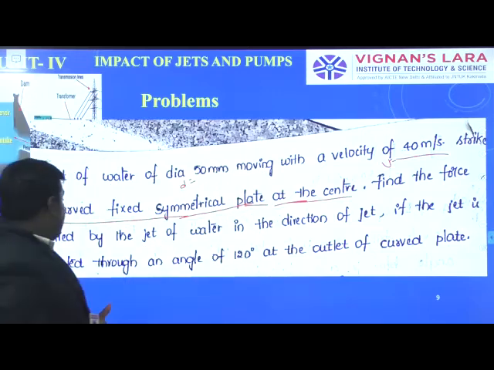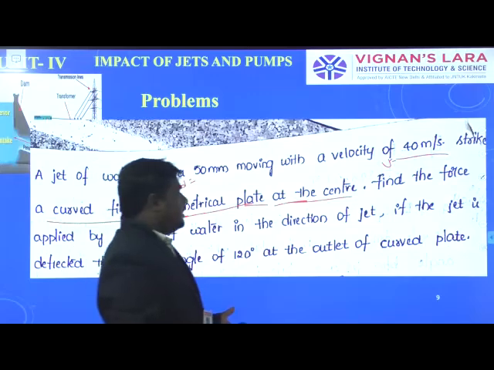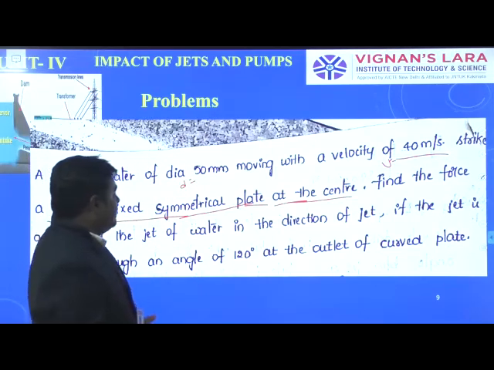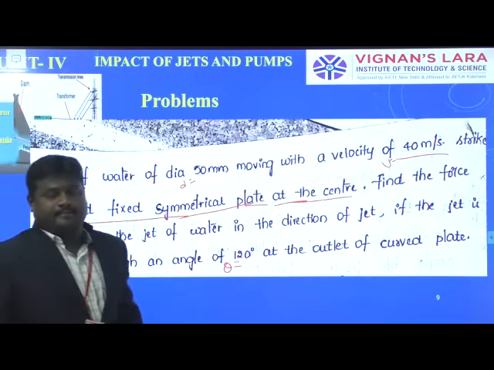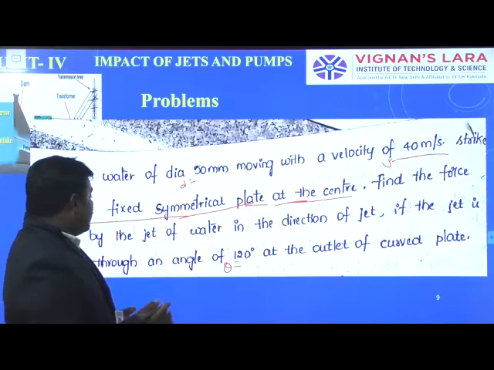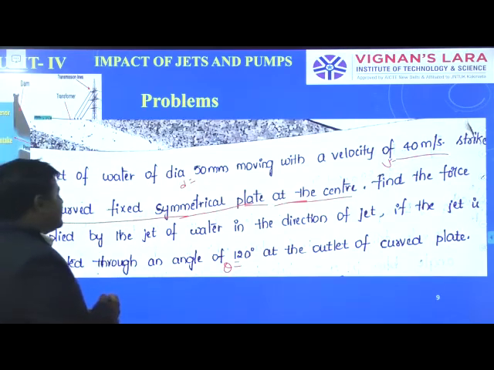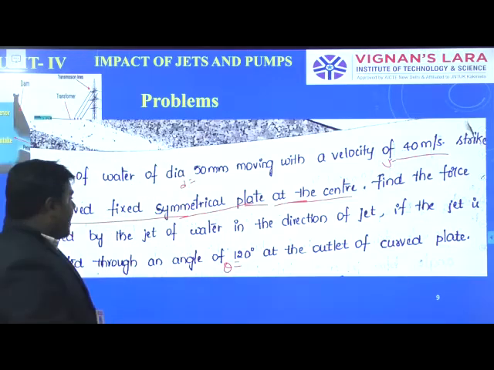Find the forces applied by the jet of water in the direction of the jet, if the jet is deflected through an angle of 120 degrees at the outlet of the curved plate. So theta equals 120 degrees. So we have to solve.